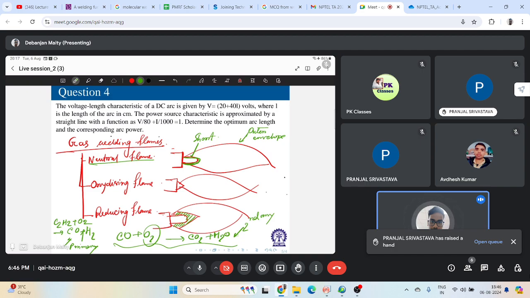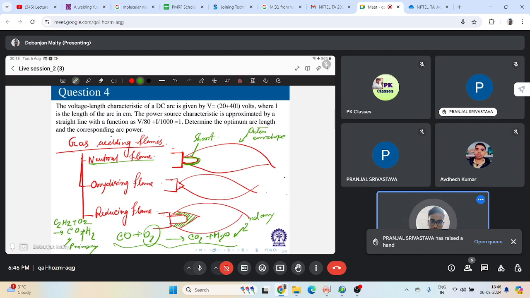Now, in reducing flame, when you are using excess acetylene, right? So that resulting flame will be called as reducing flame. Over here, the combustion of acetylene is incomplete, right? Because oxygen amount is lower. So what will happen? You can basically differentiate the flames with different colors also. Have you ever seen the gas welding flames in your laboratories?